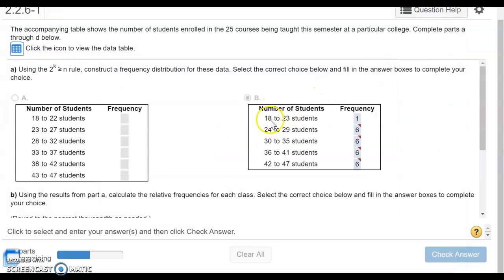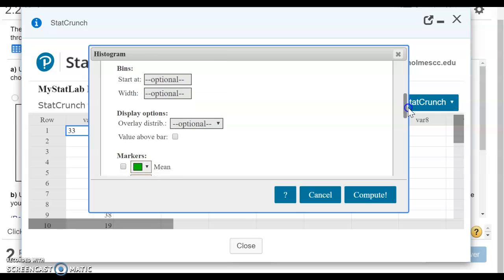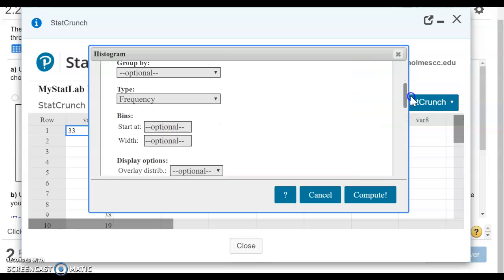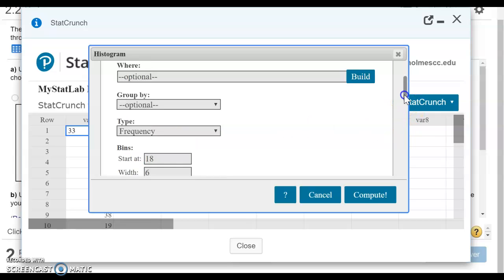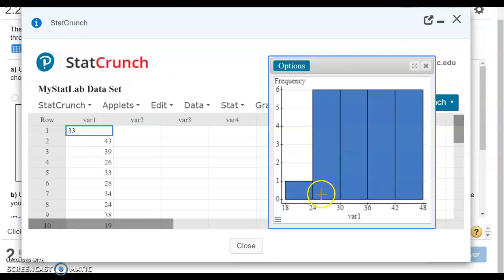Yeah, so we're starting at 18 because that's what our answer choices started at. And then we need the width to be 6. So you have to tell it what you want it to start at and what you want the width to be, and you have to select var1, and then you should hit compute.